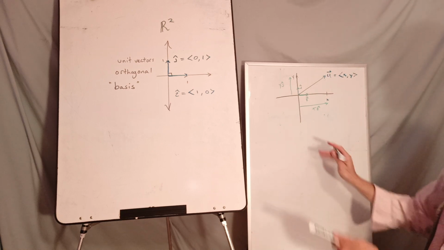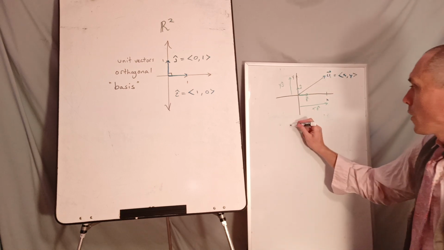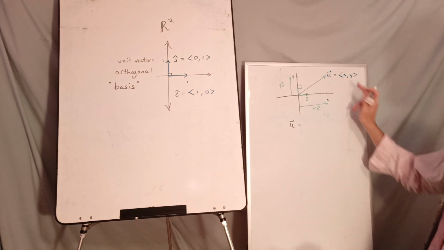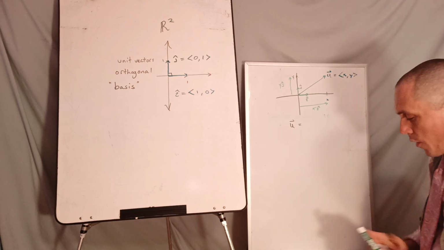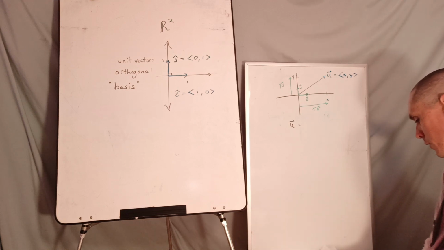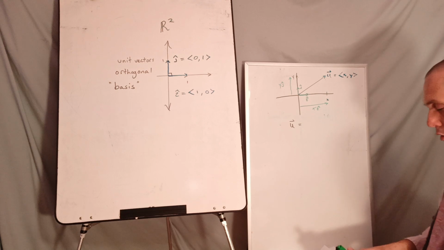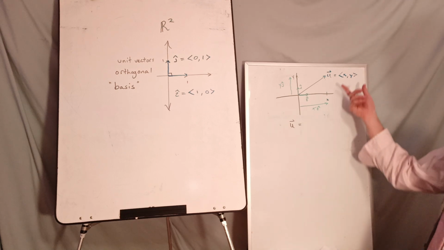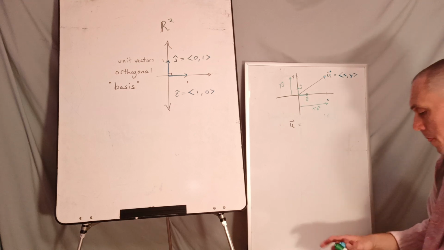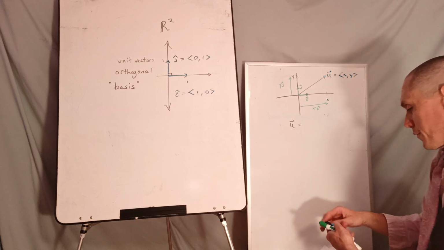And if we were to do such a thing, we could write u not in its coordinate form, but in what I'm going to call basis vector form. Basis vector form is going to be written not as a coordinate such as this, but as a sum of the scalar product of two vectors.